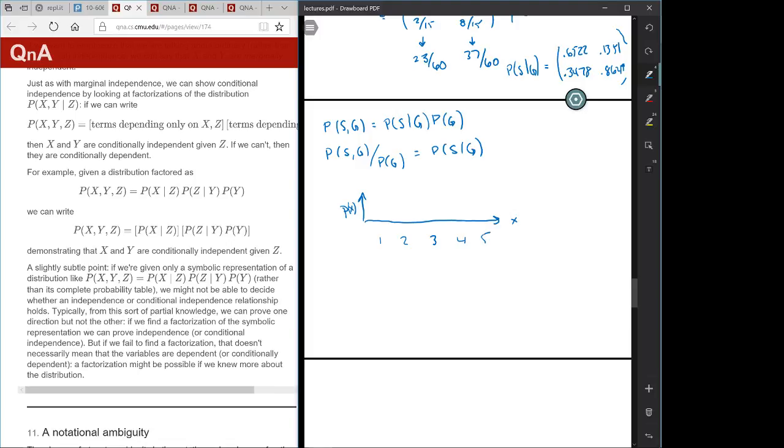And their probabilities look like this. Maybe 4 isn't very probable at all, and maybe 5 is the most probable, right? So this is a distribution, and I haven't given the exact values, but these values sum to 1, right?